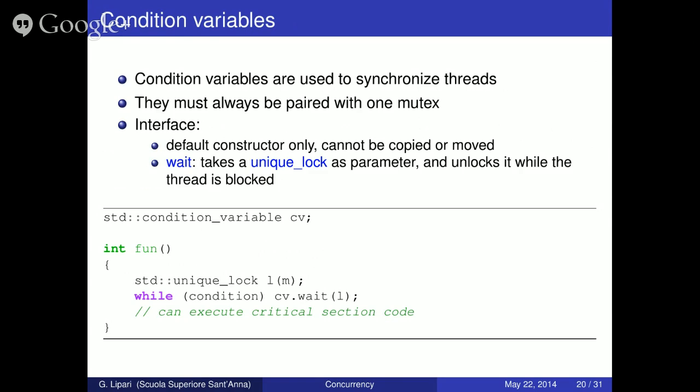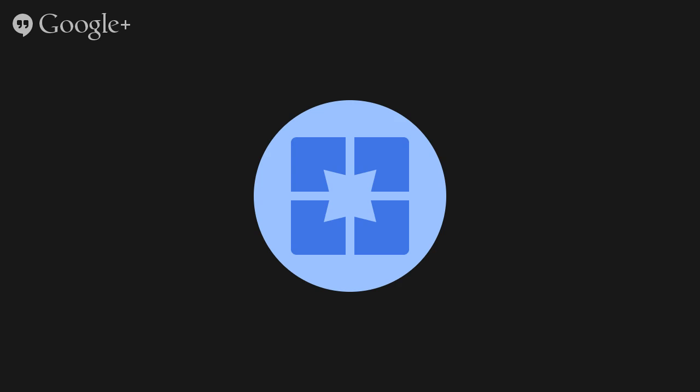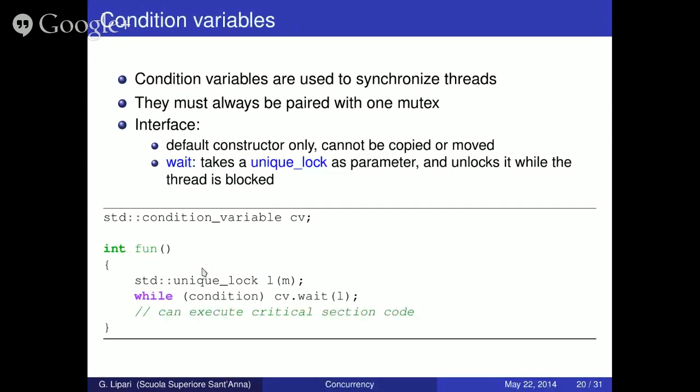Then you have the function wait that takes a unique lock. You will write a function like this: std::unique_lock L, which takes a mutex M, and then while condition, cv.wait(L), where condition is some Boolean condition that has to do with your code.